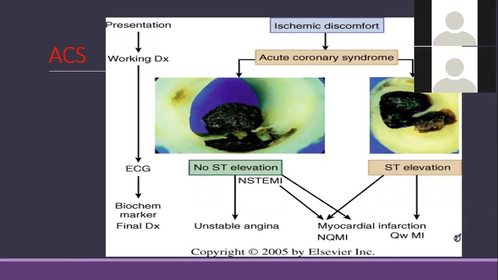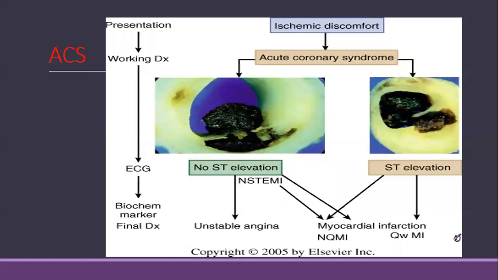So in the ST elevation group, the patient who presents with ST elevation on ECG, you think this is a complete occlusion of the coronary artery. Now you have to open this coronary artery. Every effort will be made to open this coronary artery that is completely occluded by thrombus.